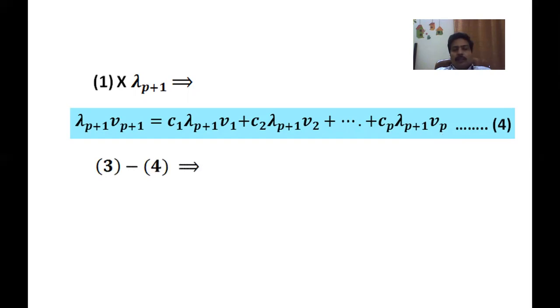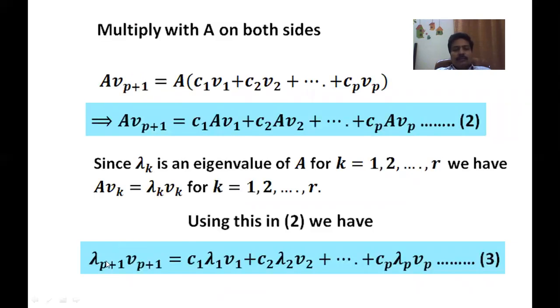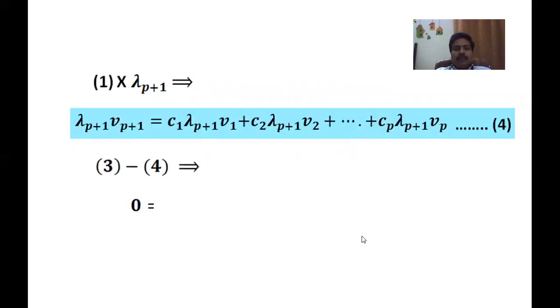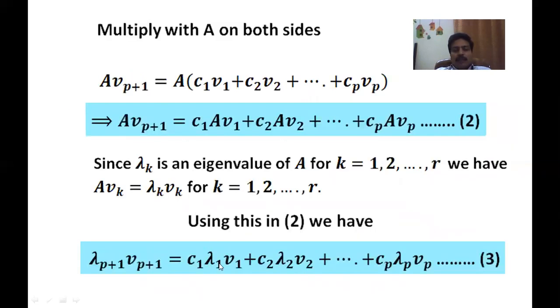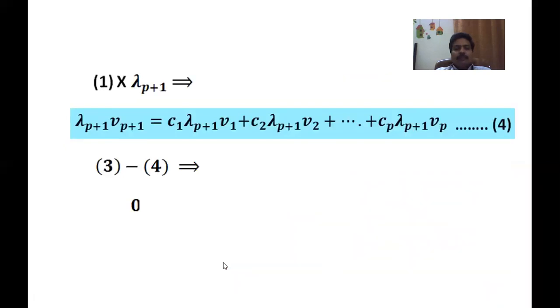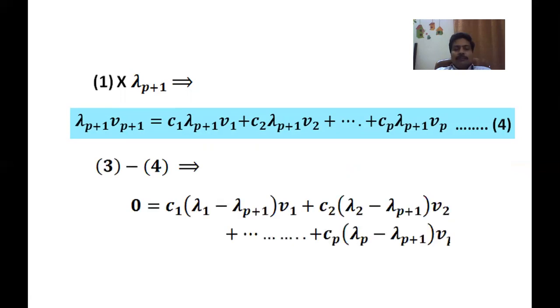Now 3 minus 4 implies, this is our third equation. On the left hand side we have the same vector, so it is 0. On the right hand side, the multiple of c1 is lambda 1 v1 minus lambda (p+1) v1, so v1 is taken as common.